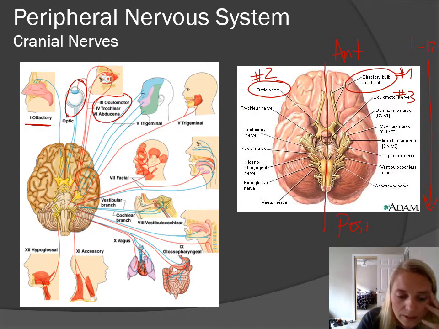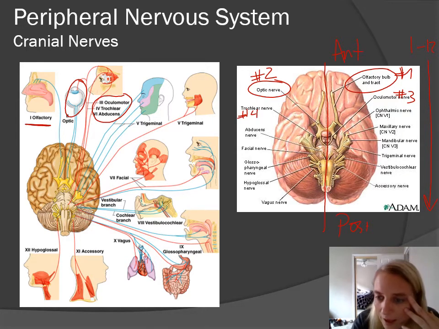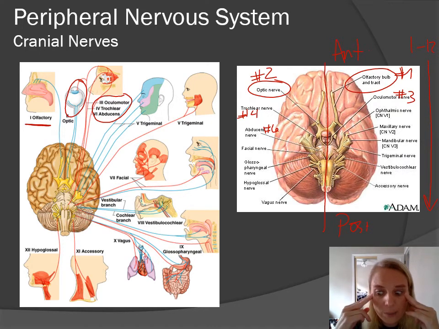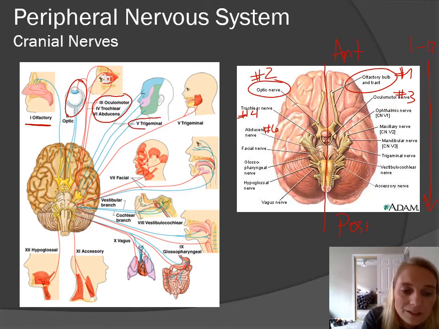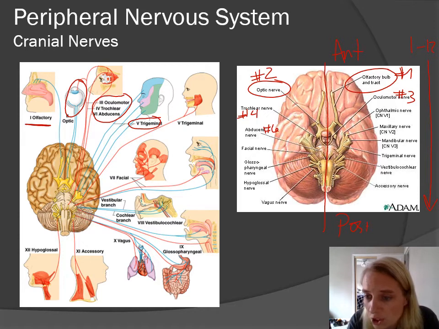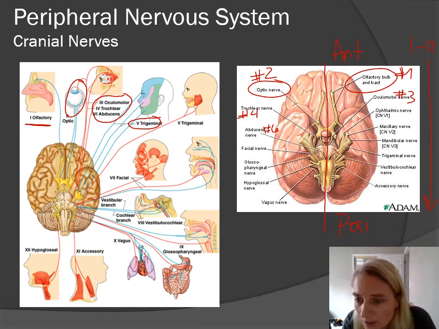It tells you exactly what it does. 4 is trochlear, and 6 is abducens. They all allow your eyeballs to do all these types of things, right? So that's 3, 4, and 6. Number 5 is this really big one here called trigeminal. So that's this big chunk here.